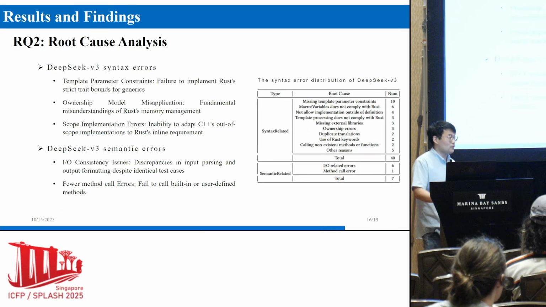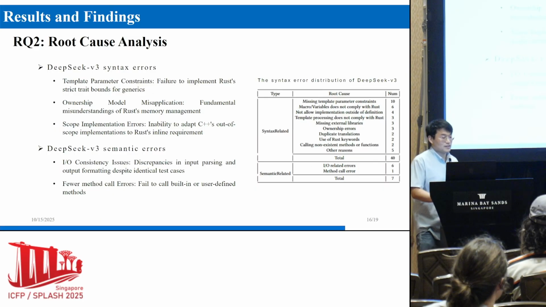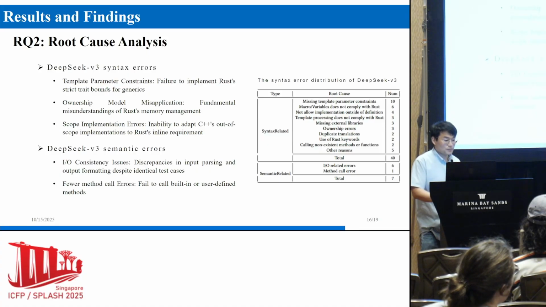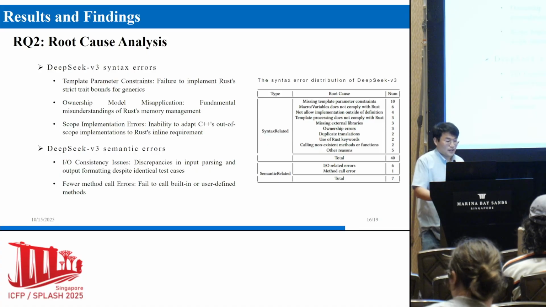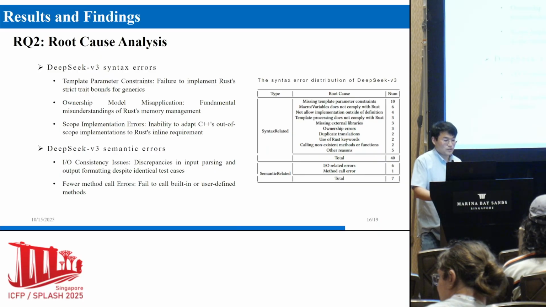As for DeepSeek V3, we also have some syntax errors in translation, but they are different from GPT-4 Turbo. As we can see, template parameter constraints and the ownership model errors occur most. And scope implementation errors are also a main cause.